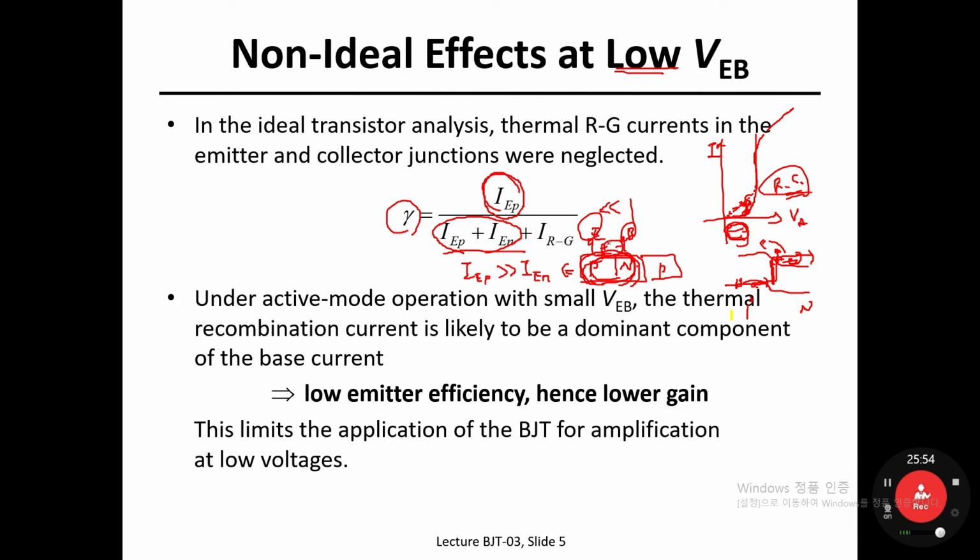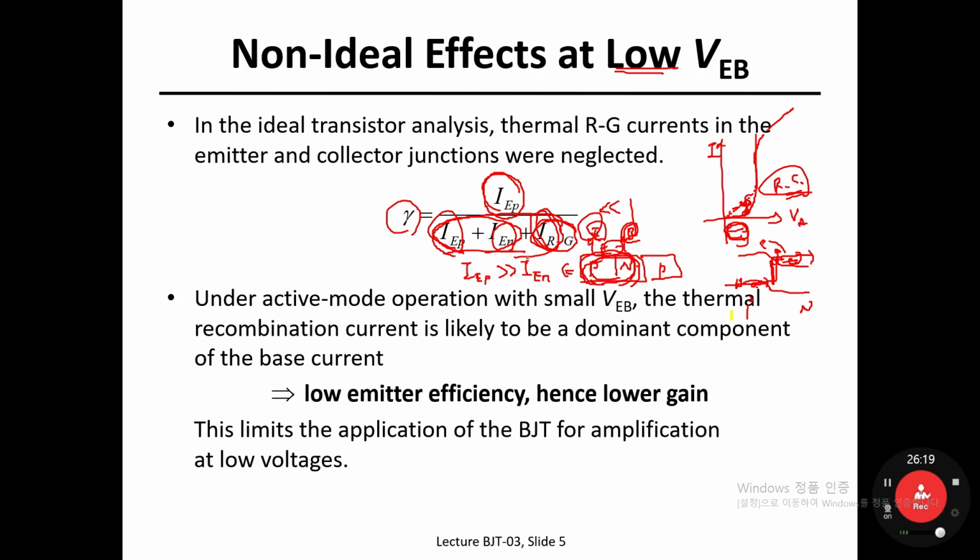In common emitter configuration, your emitter base junction is small forward biased, so the total amount of emitter current is not just these two components, but one more thing, the recombination current. Herein, just for your convenience, I have written down I sub RG, but IR is the exact one.